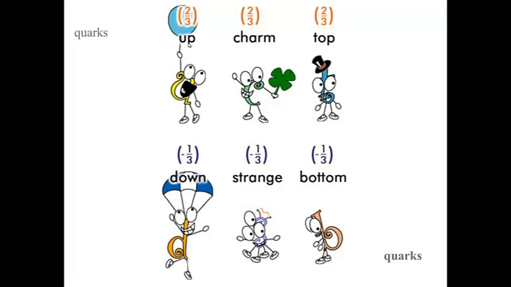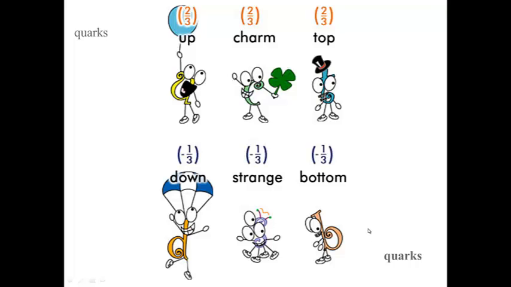So it sounds like they went a little bit crazy, and they probably had reasons for naming them like this. I don't know what they are, but here you see that one of them they named Up, the other is Charm, and the other one is Top. And then you see here they have one called Down, one called Strange, and one called Bottom. So these are just the names that they chose for the 6 neutrons. Or I should say, sorry, these 6 quarks.